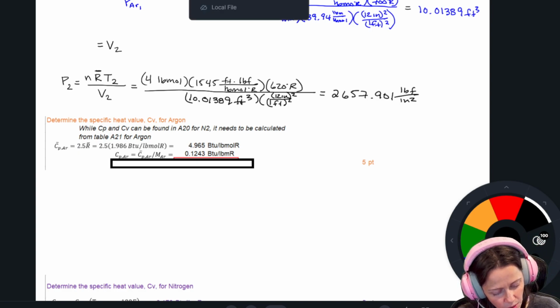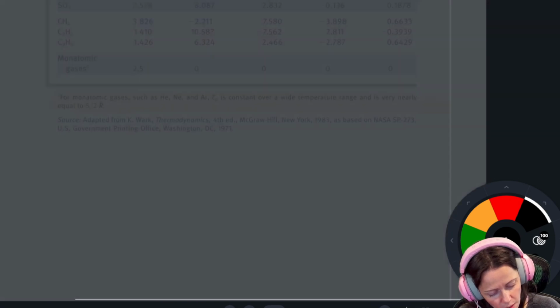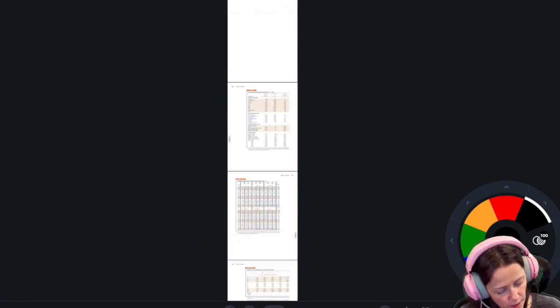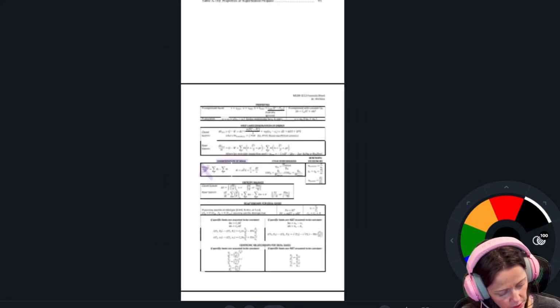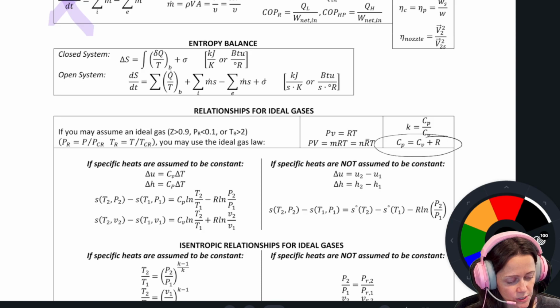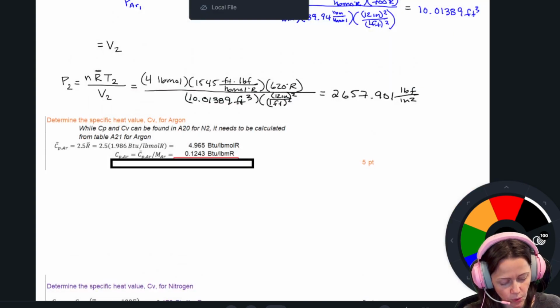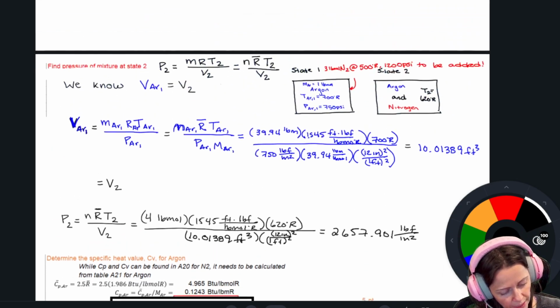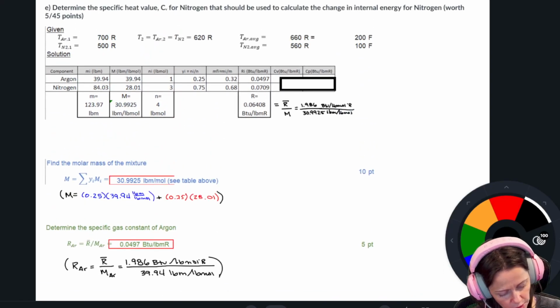And actually, let's go look. This is an ideal gas relationship, that guy right there. So your Cp and your Cv are related by your specific gas constant. And so I know that Cp is equal to Cv plus R. And if you recall, we actually did calculate our R for each of these guys.